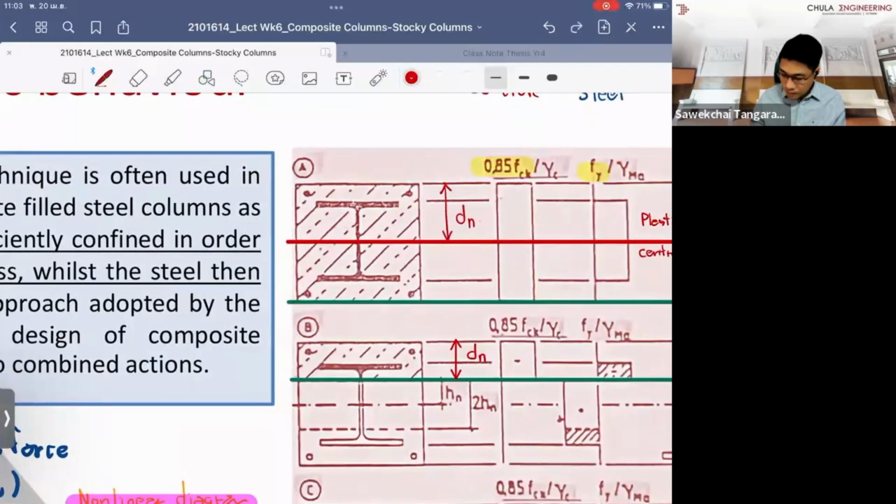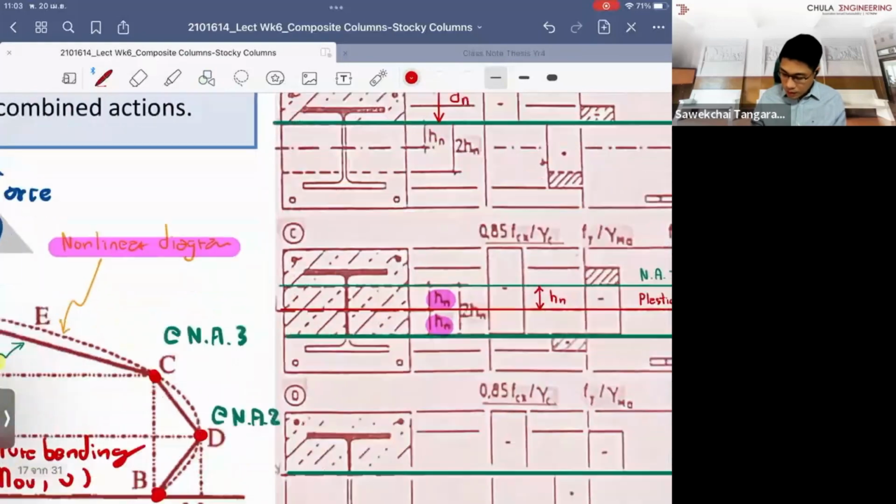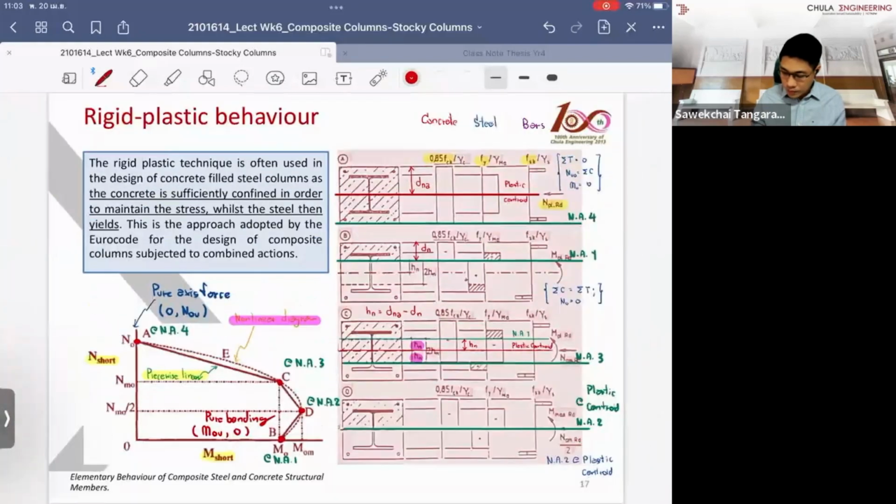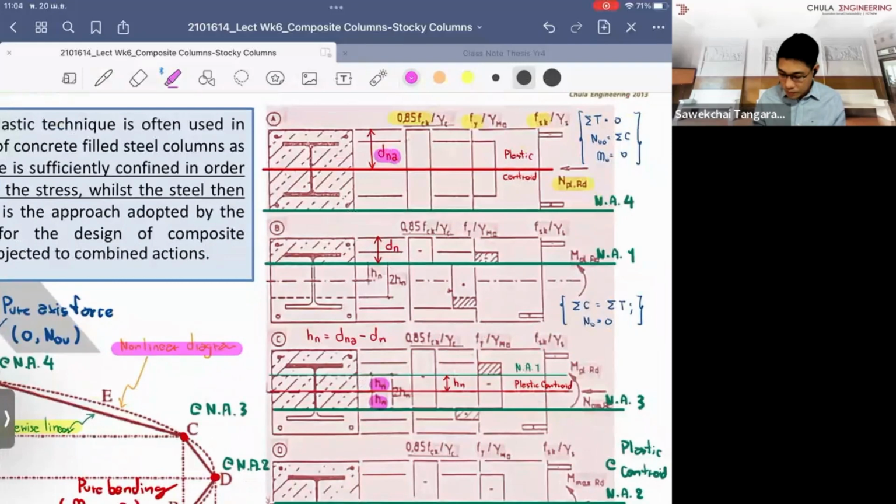The Hn is the difference between the depth to the plastic centroid, subtract the neutral axis depth that you obtain from the pure bending. So you take these two values and you just find the difference between them. You get the value of Hn.